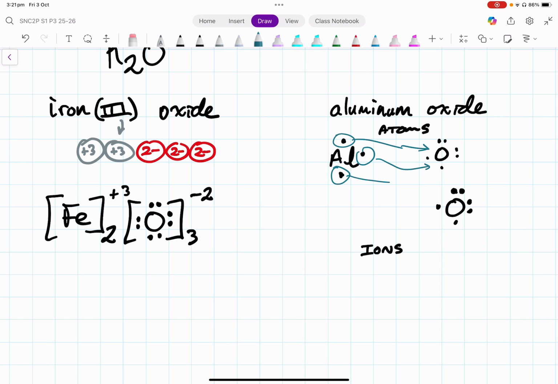That one's going to go to there. Okay, cool. Now we've got another aluminum, because that second oxygen doesn't have enough electrons. It's going to need an extra electron. Now that one's happy. So each oxygen so far has gained 2 electrons.